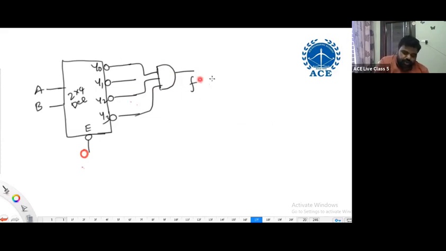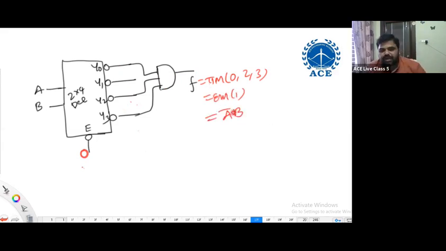So F equals pi m of 0, 2, 3. Why? AND gate which is resulting POS. And these are max terms. Then it is equal to sigma m of 1, which is nothing but A bar B. Sigma m of 1, AB is 0, 1, function is 1. So the resultant is A bar B.